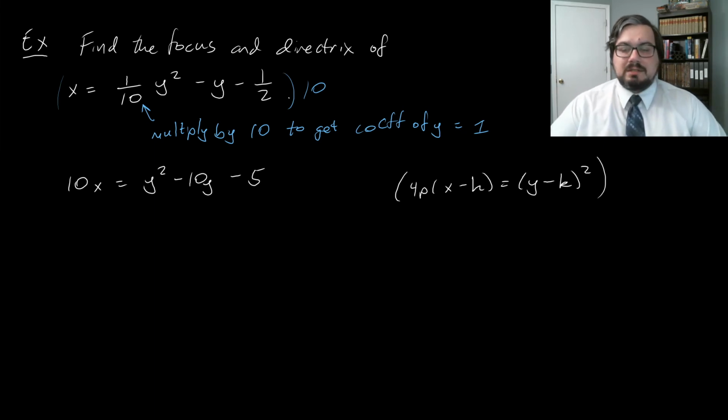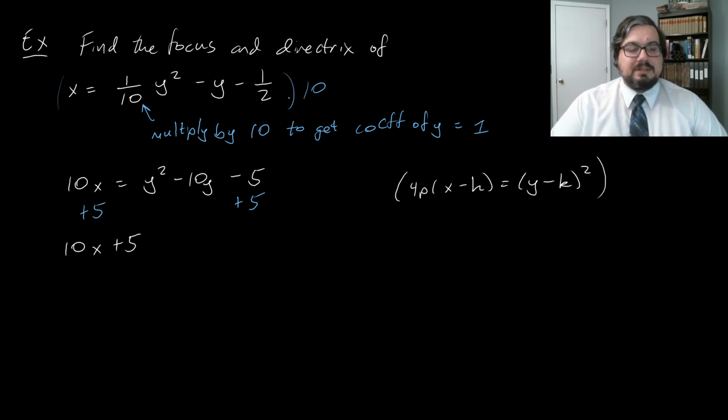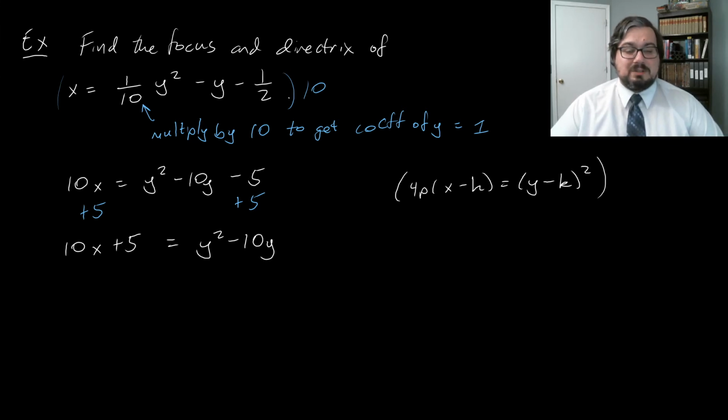On the right, we need that to be a perfect square. And currently it's not. y squared minus 10y minus 5 is not a perfect square trinomial. However, we can use a process called completing the square to get there. The first thing that you want to do is to get all the y and y squared terms by themselves, get rid of the constant terms.